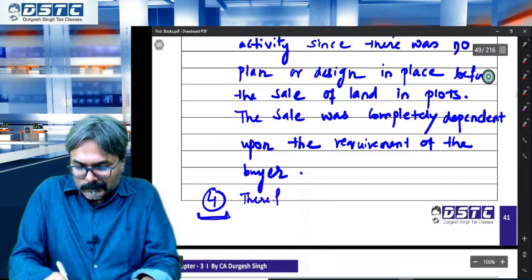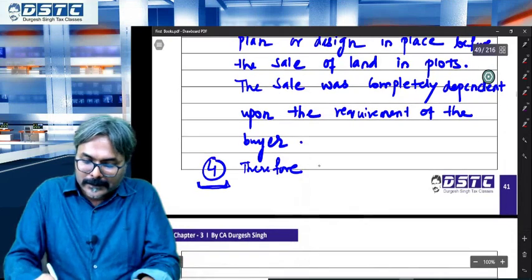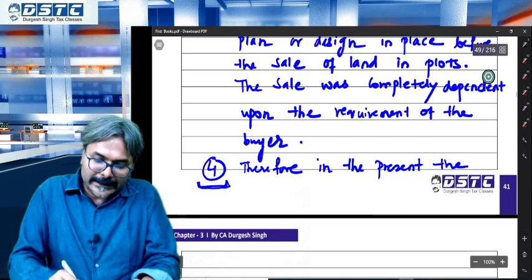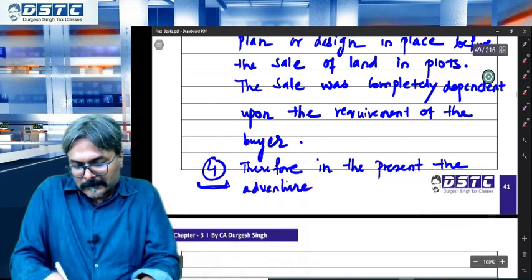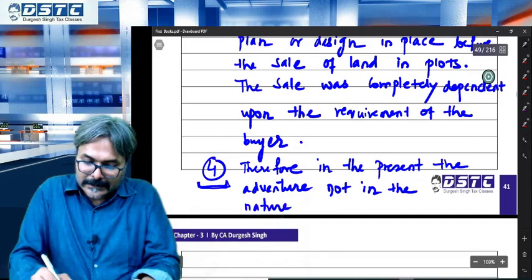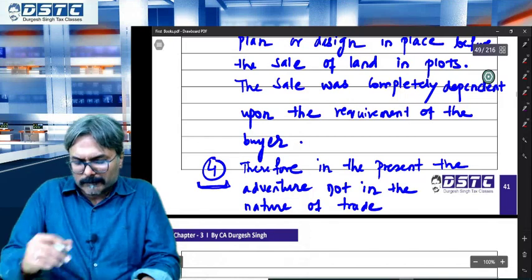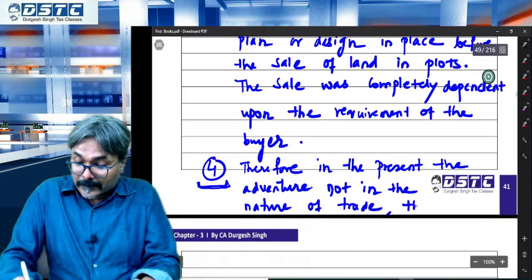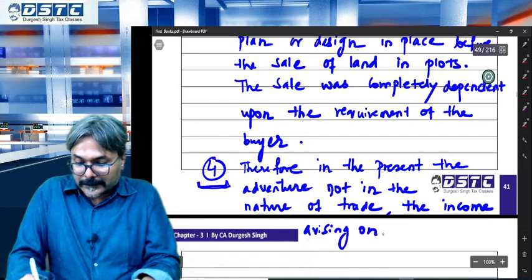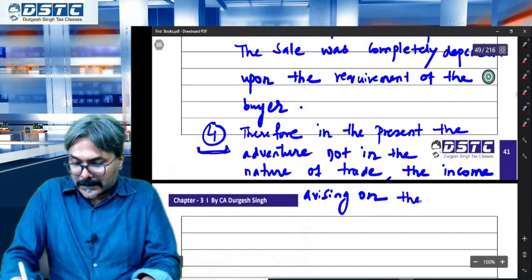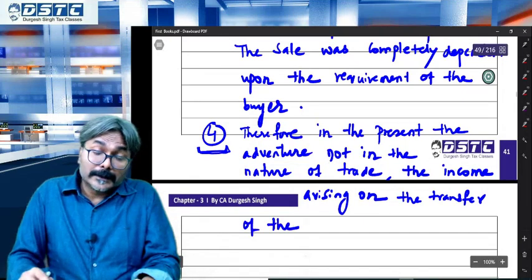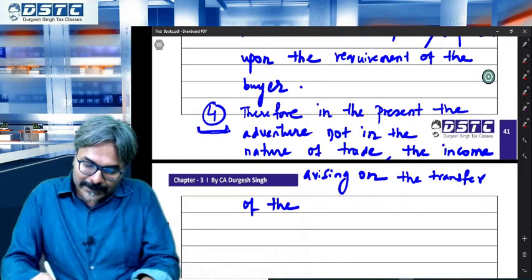Therefore, in the present case, the adventure is not in the nature of business, not in the nature of trade, the income arising on the transfer of the capital asset.